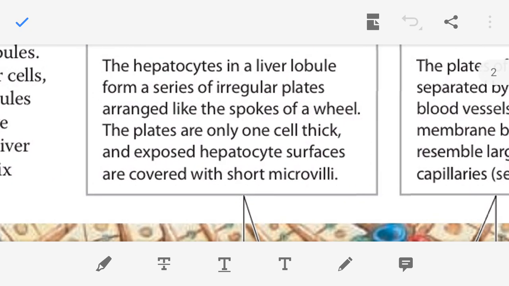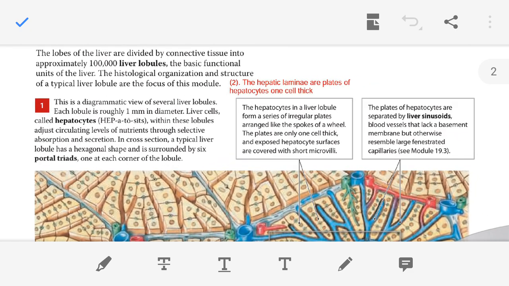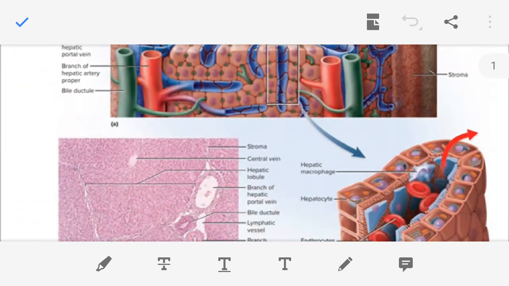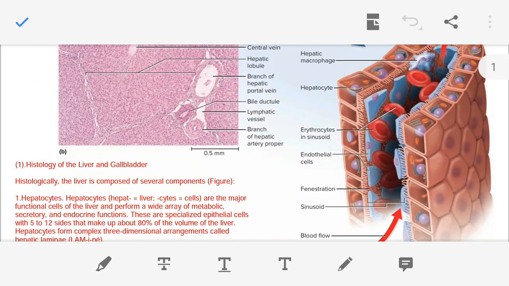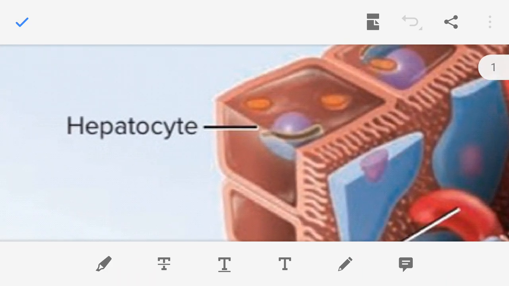Then on the exposed surface of hepatocytes, microvilli are present. So in the figure here, see the hepatocyte, I am zooming in.